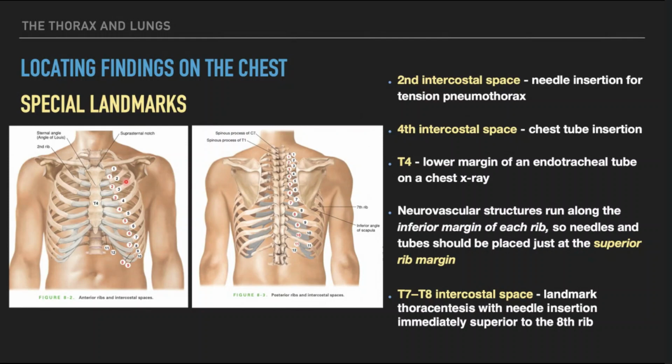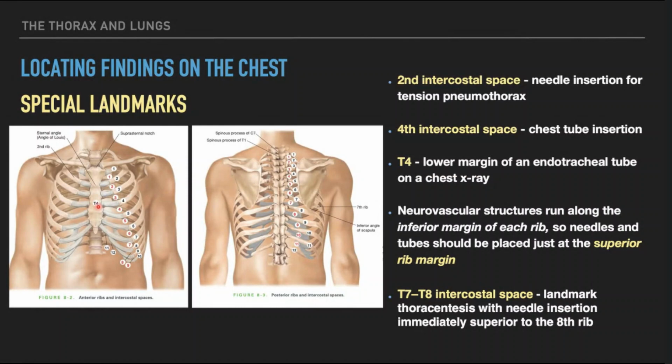T4, on the other hand, is the lower margin of an endotracheal tube on a chest x-ray. When we do a chest x-ray, we usually measure the length of the tube, or how far away it is from the carina, and the radiologist would also use T4 as a marker for an appropriate level of the ET tube.